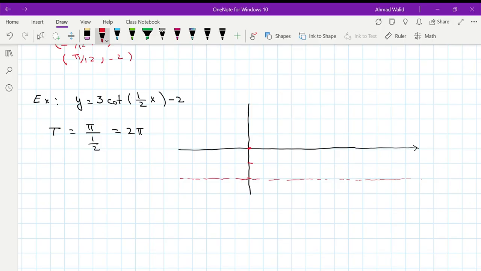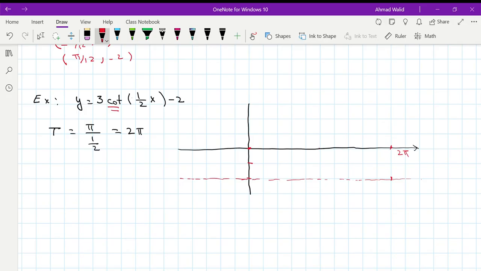Remember, here you are not dividing by 2 because your period for cotangent starts from 0, correct? Now, mark somewhere 2 pi, and also on my new x-axis.